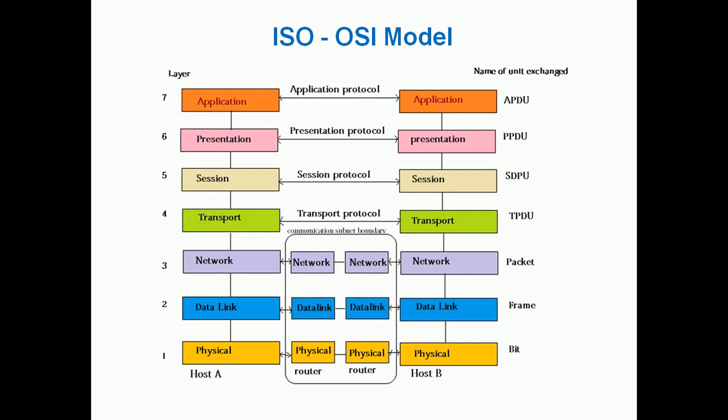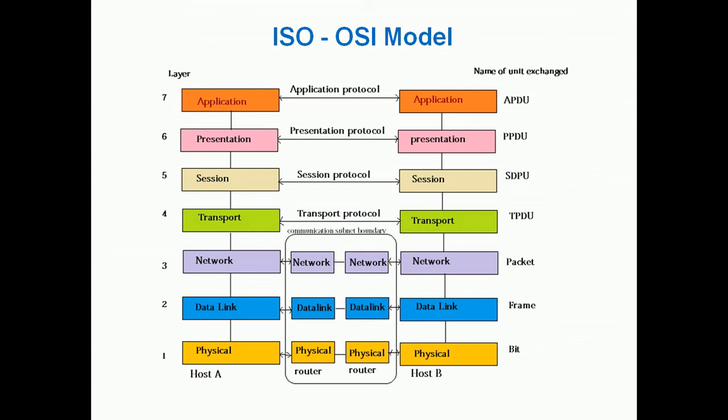So the responsibilities of the network layer are routing and logical addressing. Fourth layer is the transport layer. The function of the transport layer is process to process communication between devices. For this, the transport layer uses port addresses, and a port address is a 16-bit address.